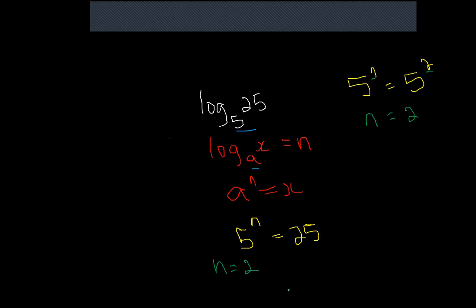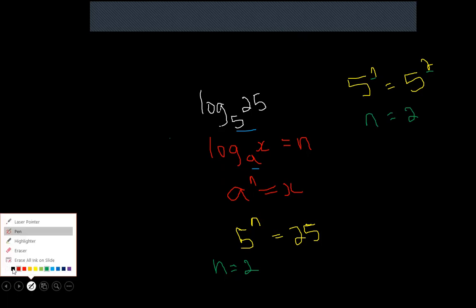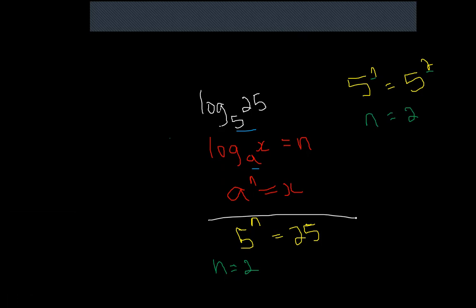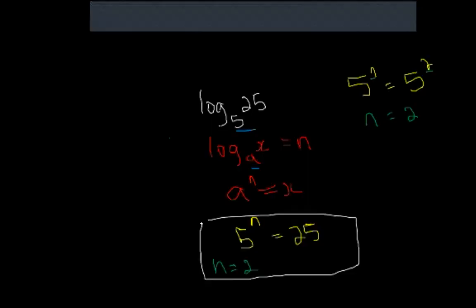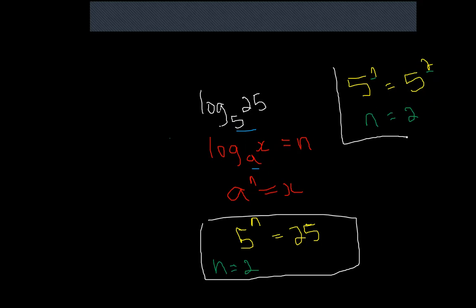Any questions? Miss, you would have to show that working in an exam paper? Yes. Okay. So instead of just stopping here and saying, okay, 5 to the power of n is equal to 25, and we already know that 5 squared is equal to 25, no. You should write them to the same base first, and then show that n would be equal to 2.